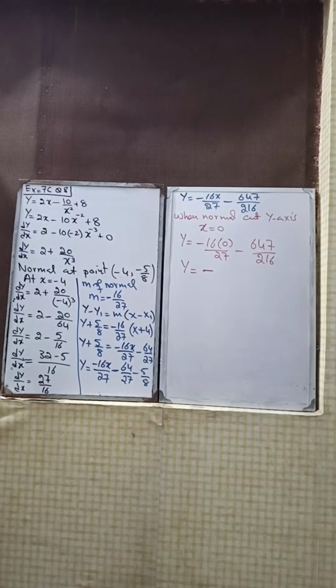So when the normal cuts the y-axis, the question is, show the normal to the curve at the point minus 4 comma minus 5 meet the y-axis at the point 0 comma minus 3. Okay. If I divide 647 divided by 216, it is approximately 2.99.